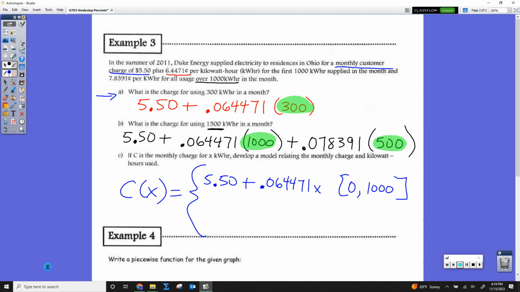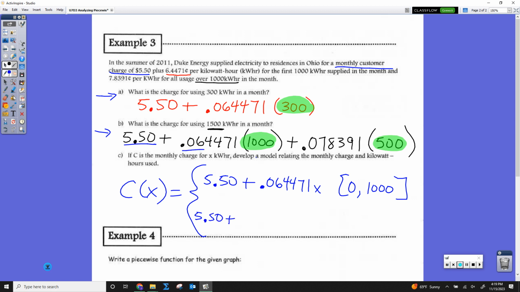And I put brackets on both. I can put a bracket on the 0 because no matter what, we have to pay that $5.50 monthly customer charge. And then all up to 1,000 is this price. Now, if it goes over 1,000, looking at part B now, we still have to pay the $5.50.